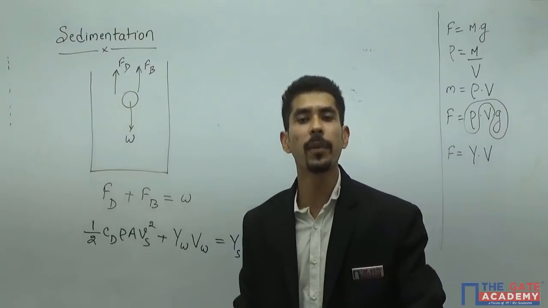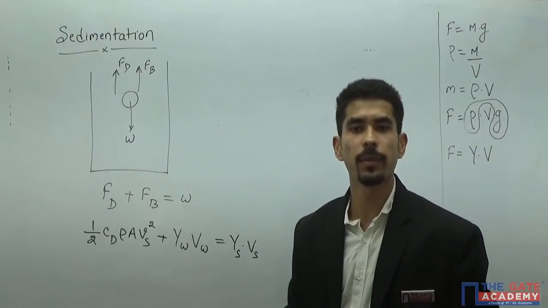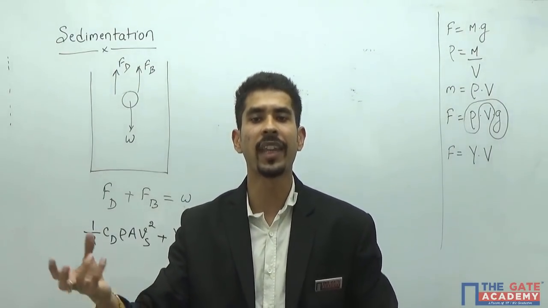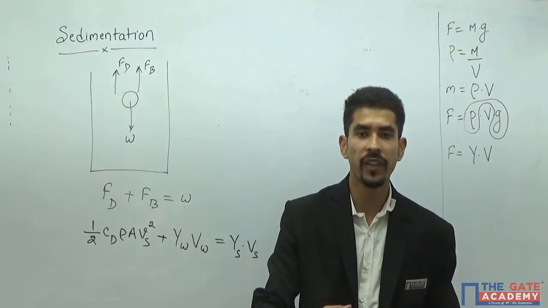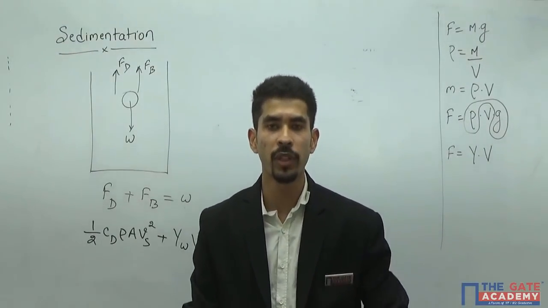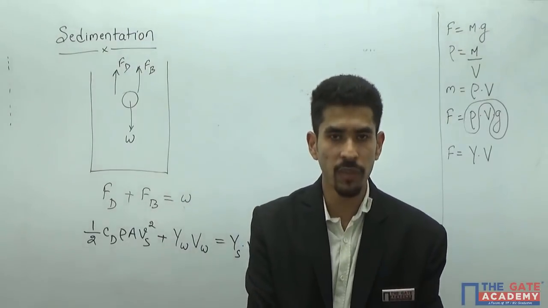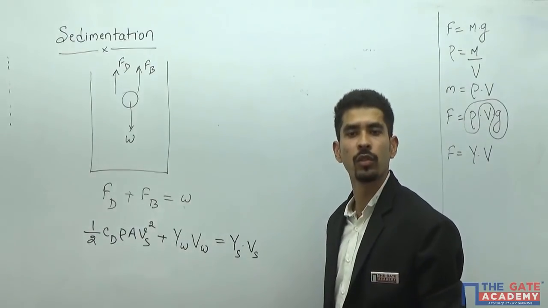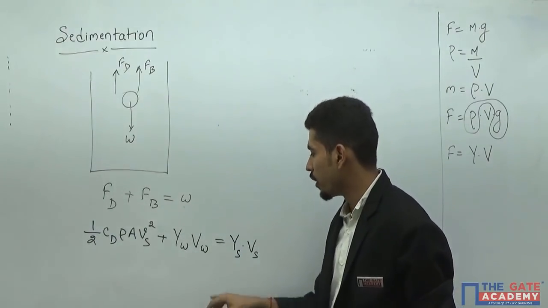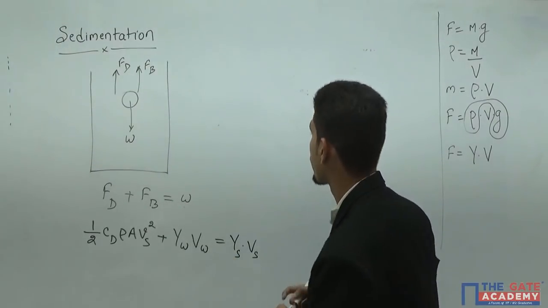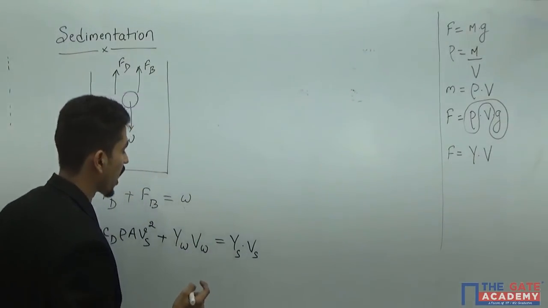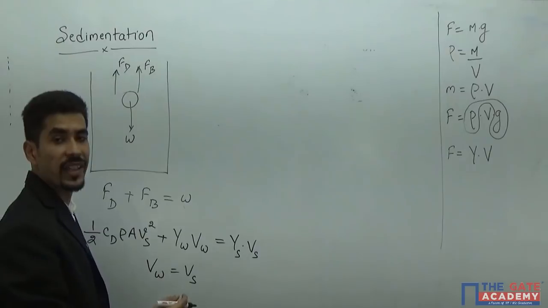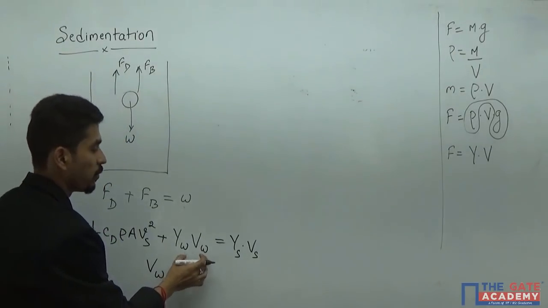Now, from the concept of specific gravity, it was the unit weight of solid at a given volume to the weight of water at the same volume. So here the volume of solids is equal to the volume of water, and I can write VW is equal to Vs. I'm going to take this term to the other side.